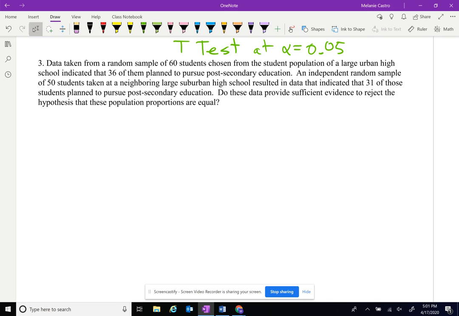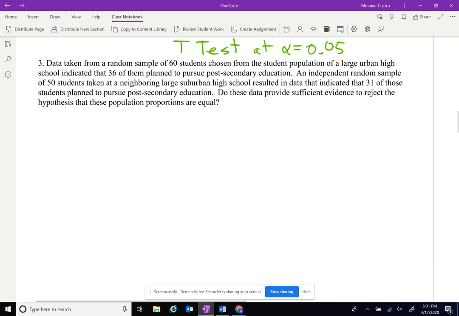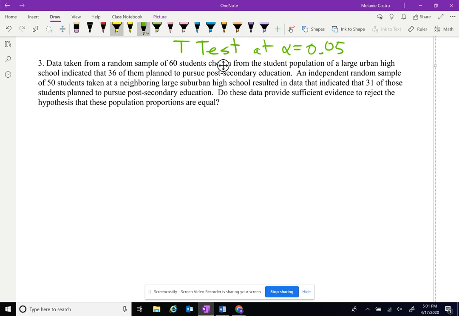Do these data provide sufficient evidence to reject the hypothesis that these proportions are equal? So I butchered that, but we have some clues. We have sample and numbers. We have this word here. That should be a huge clue.